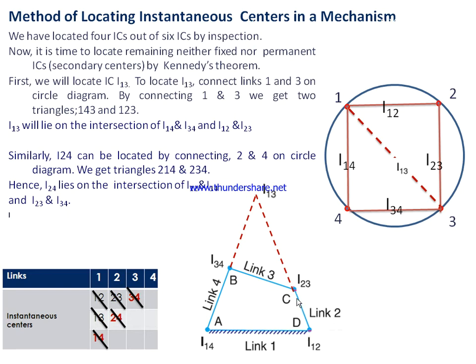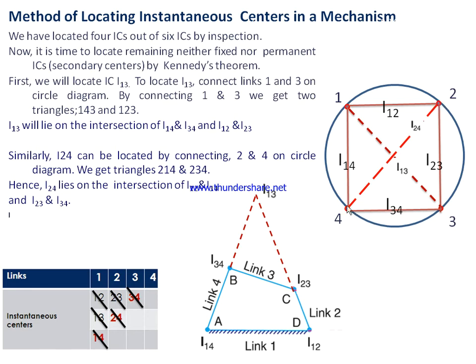I12 is here, I23 is here. Extend this line. These two will intersect here, and that is the I13 instantaneous center, the instantaneous center of rotation of link 3 with respect to link 1. Now similarly, the last one, I24, can be located by connecting link 2 and link 4.